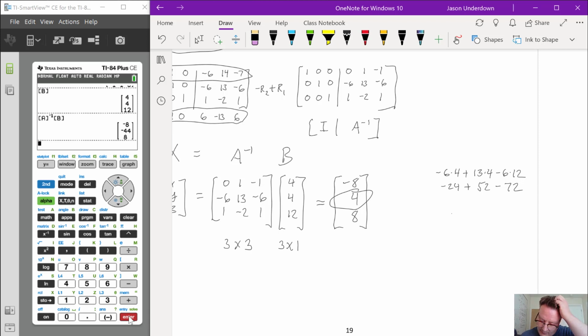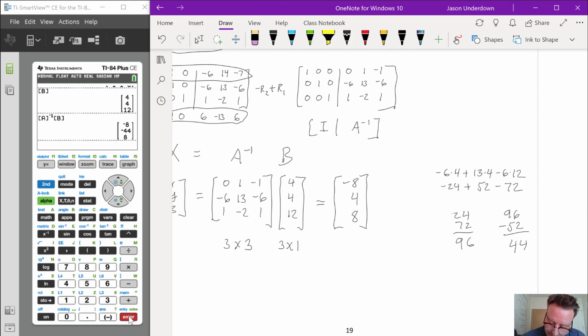Let's see, so that would be 24 plus 72. That is 96. And then we do 96 minus 52, and we get 44. Yeah, so our answer will be negative 44.